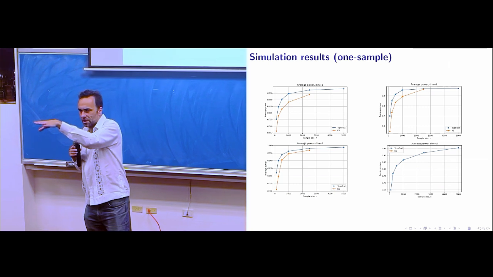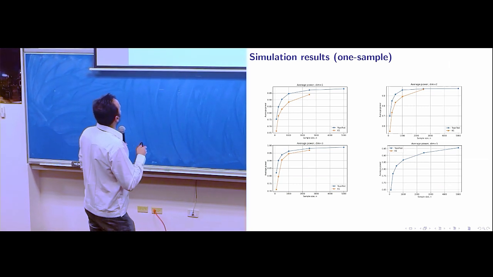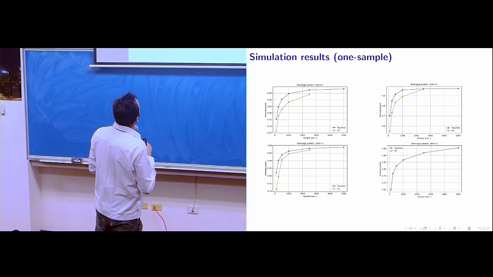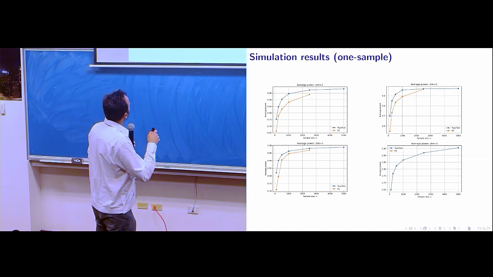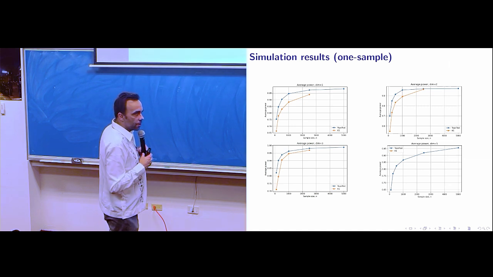It should stay the same or go up, right? And that's what we see over here. We have the power of the topo test in blue and the power of the KS in orange, I believe. In all the cases, for dimensions 1, 2, 3, and 5, it is monotonic as we expected.